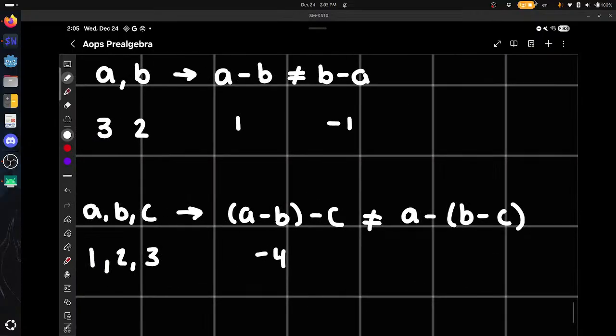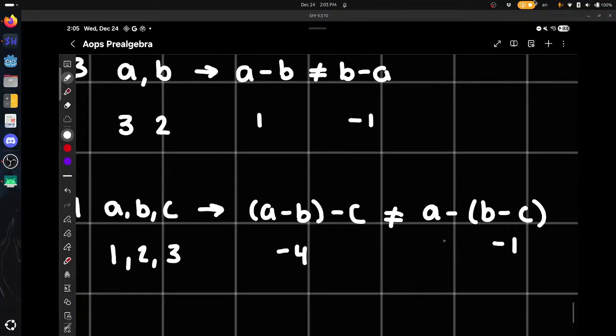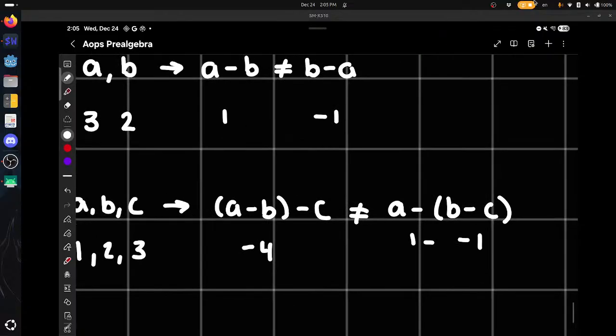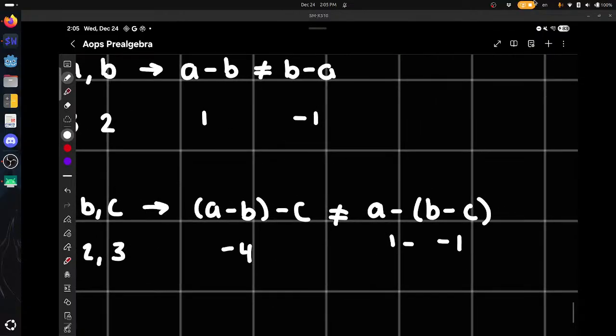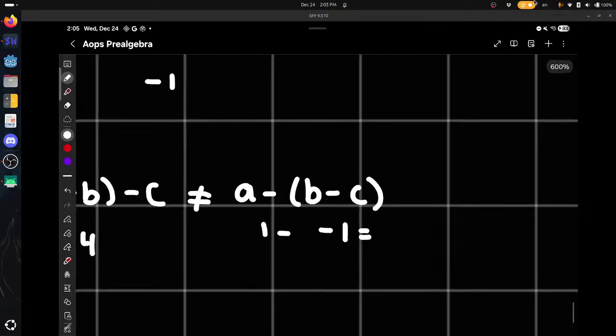And then this is -1, 1. So 1 minus -1. So, oh shoot, I'm blanking.